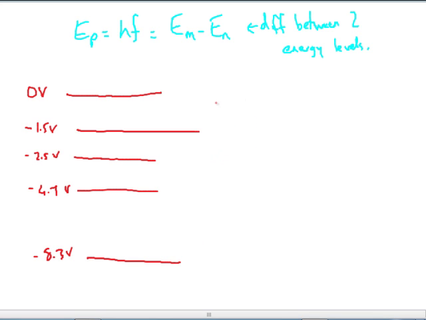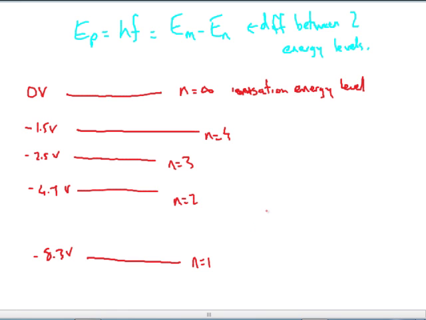So this here, sometimes written as n equals infinity, is the ionization energy level. That's the point where the electrons are going to be released. So we've got n equals 1, n equals 2, n equals 3, n equals 4.